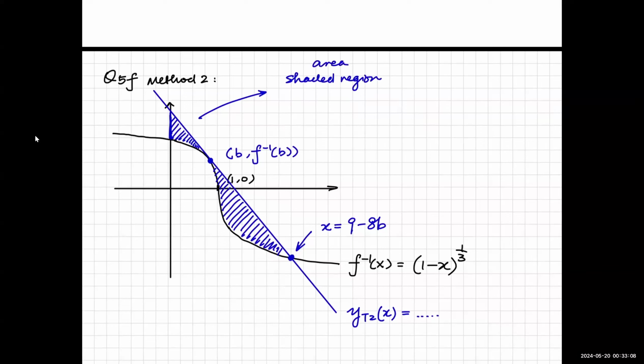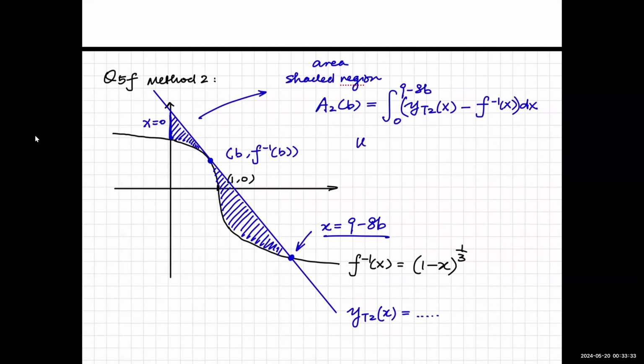area of the shaded region, let's call this A2 of b. It's the integration from x equals 0 to x equals 9 minus 8b, of yt2 of x subtracting f inverse of x dx, okay? And use your CAS, fMin, A2 of b, 0 to 1.